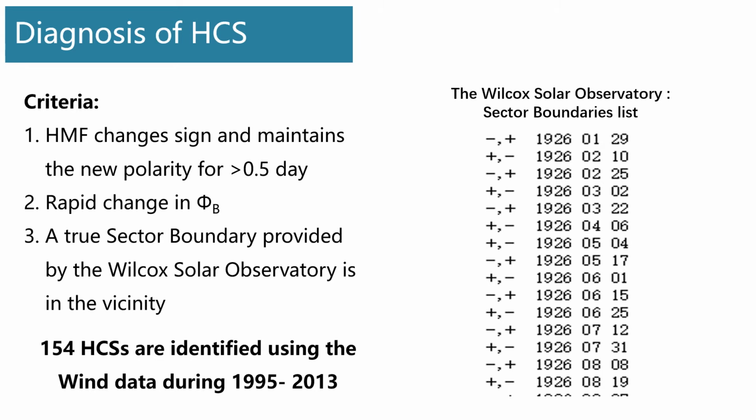At the same time, a true sector boundary provided by the Wilcox Solar Observatory is in the vicinity. Based on the above criteria, 154 HCS are identified using the Wind observations from 1995 to 2013.